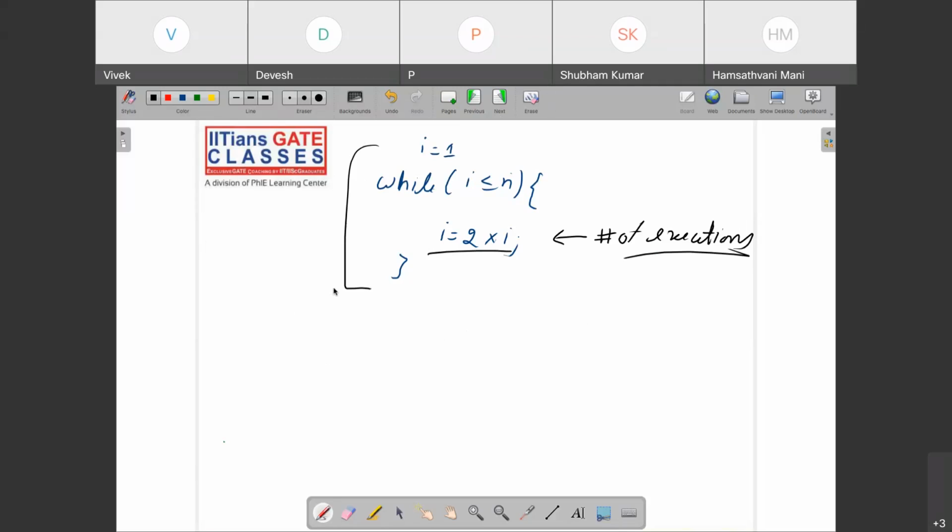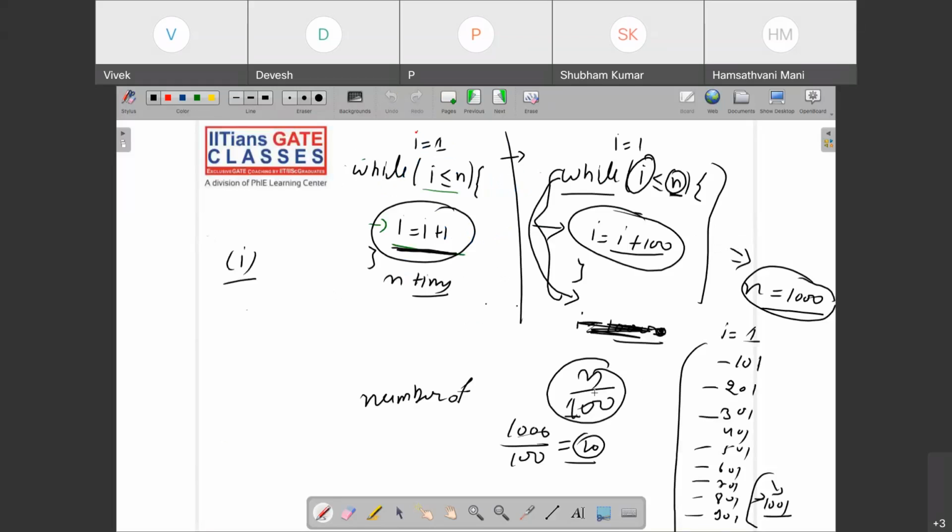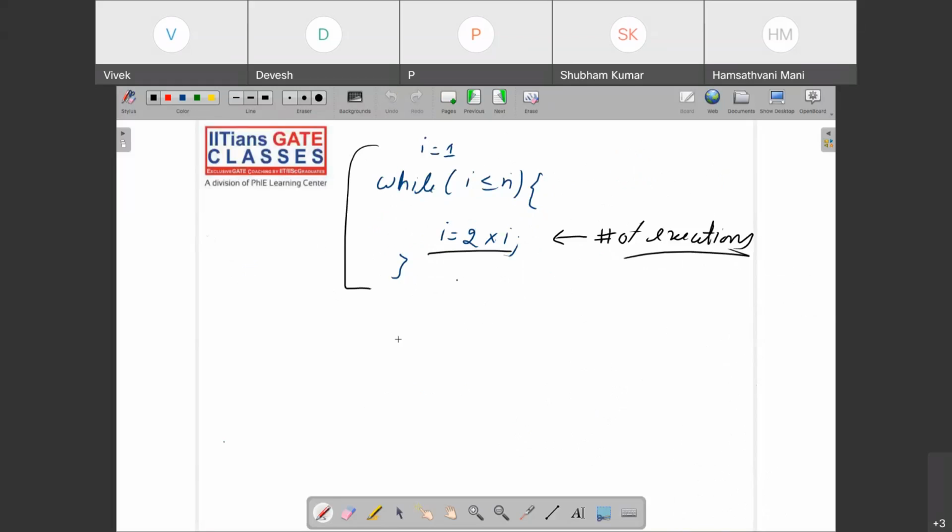So Mani and Subham, can you tell me one thing? What if I do while I less than or equal to n, initially I initialize I to 1, and I do I equal to I plus 2?